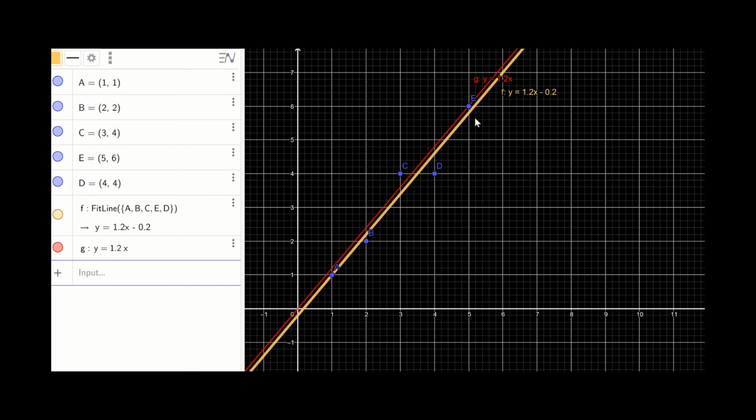Among these two, the red one and the yellow one, we would like to know which one is the best fit. In order to compare these values, we can prepare a table, and then using the table we can guess which is the line of best fit.